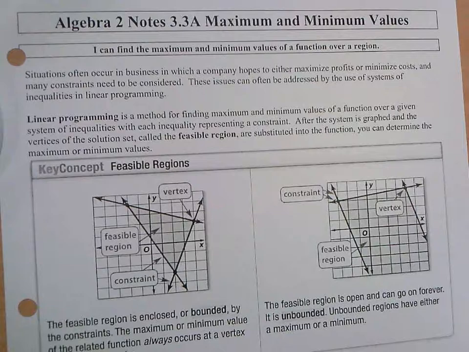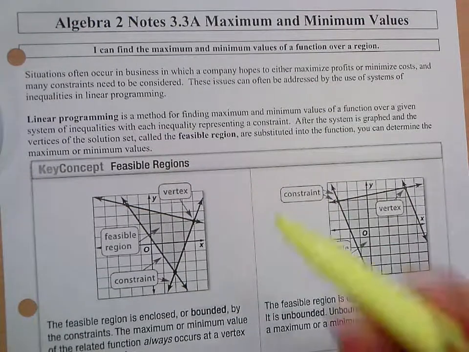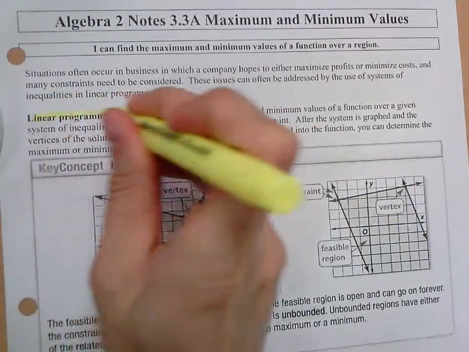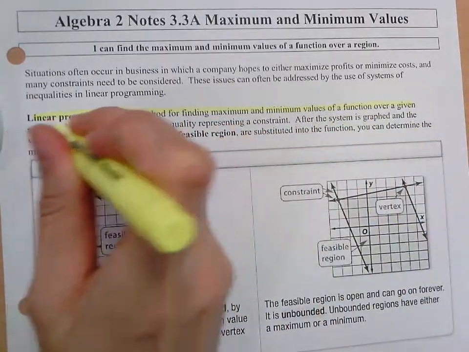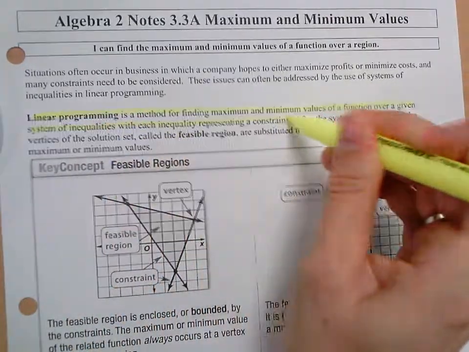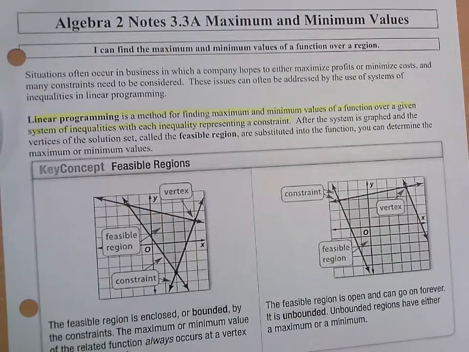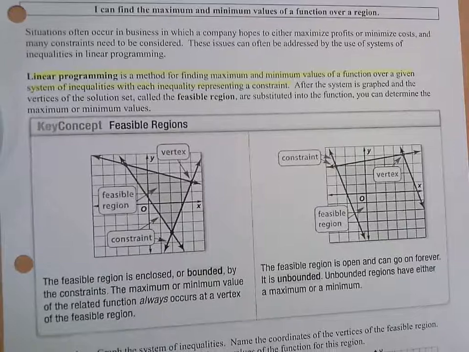So linear programming, just so you understand what this is, it's a method for finding maximum and minimum values of a function over a given region formed by a system of inequalities. And each inequality represents some constraint.